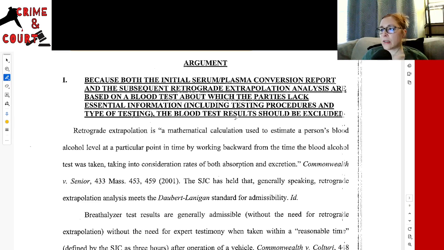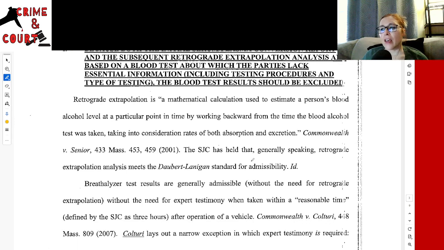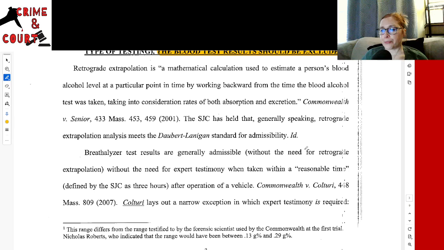All right, argument: both the initial serum/plasma conversion report and the subsequent retrograde extrapolation analysis are based on a blood test about which the parties lack essential information, including testing procedures and type of testing, so the blood test results should be excluded.